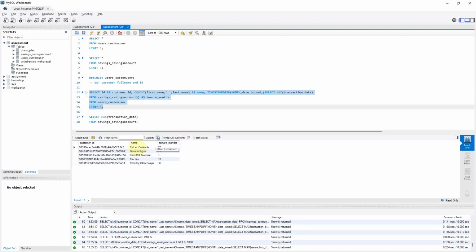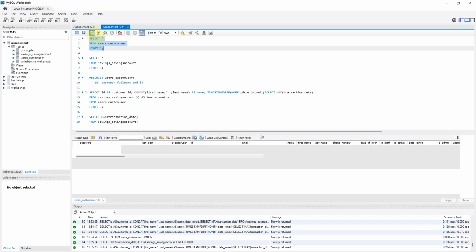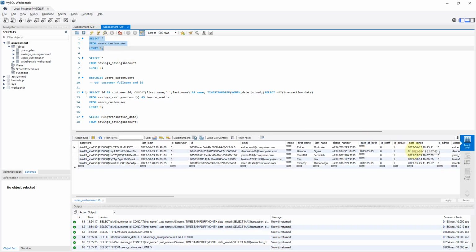Let me check for Esther as a litmus test to see if this calculation is actually correct. This person has been here since July of 2023.